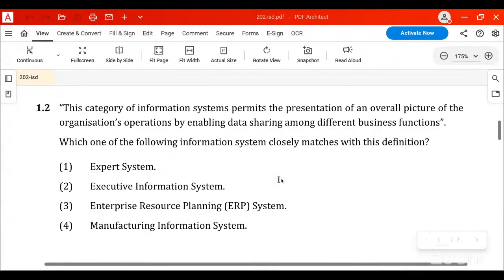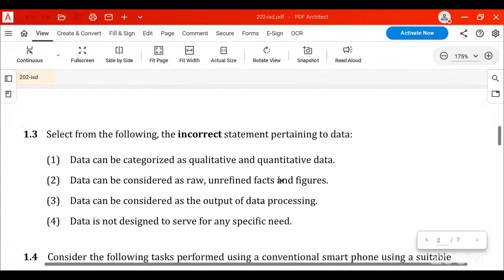The ERP system is an enterprise-wide, organization-wide information system that includes different cross-connected modules that cover each and every business operation. Marketing module, HR module, finance module, but those are interconnected. Manufacturing information system covers only the manufacturing operation. The correct answer is ERP. We have given so many examples for ERP, including SAP, Oracle, Pronto, Dynamics, and so on.